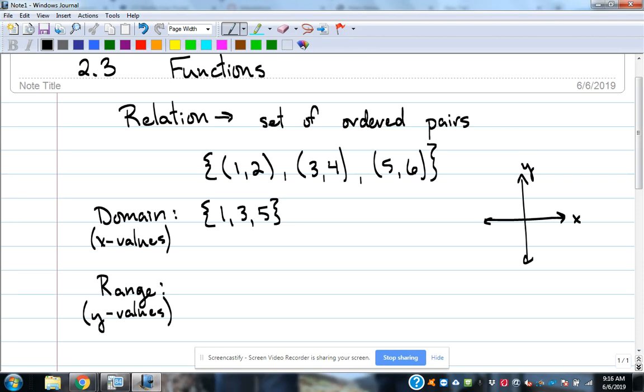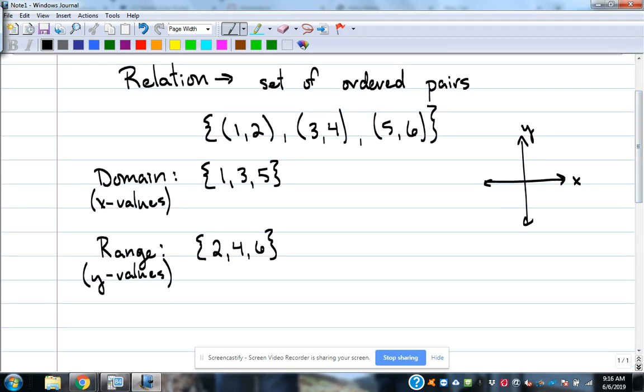Range is how it moves up and down. So when we talk about domain, you're thinking x's left and right. When we talk about range, you're thinking y's up and down. That's how you want to tie this stuff together. So the range for this one is the set of y values {2, 4, 6}. Okay, so those are the pieces for that particular relation.